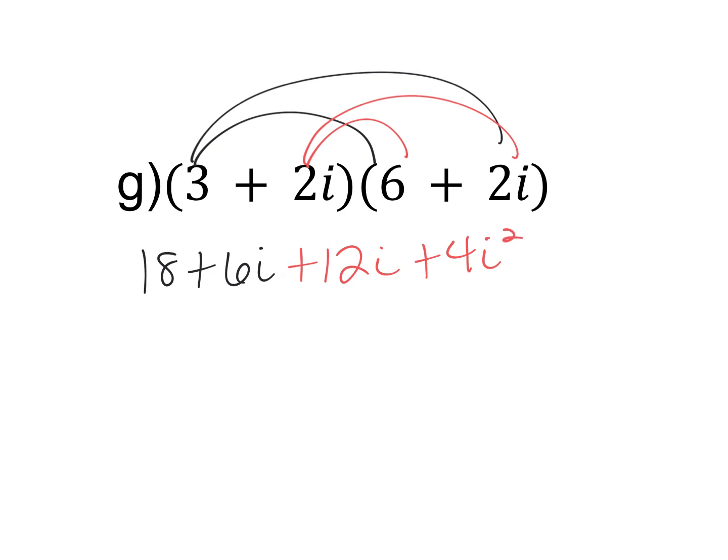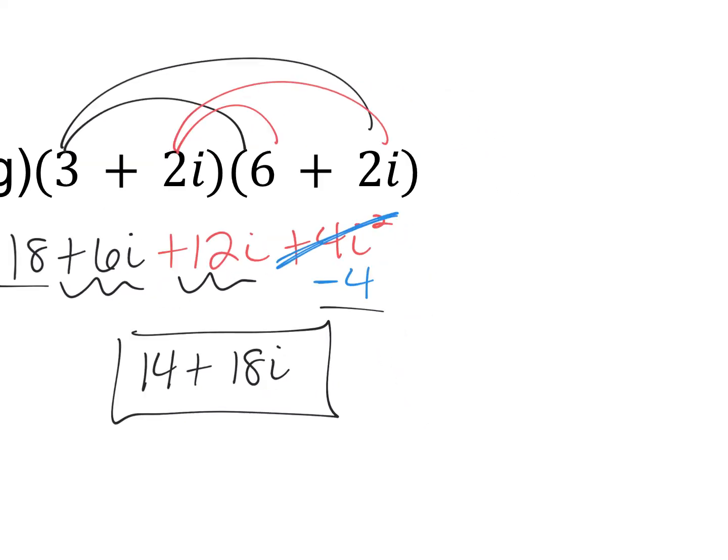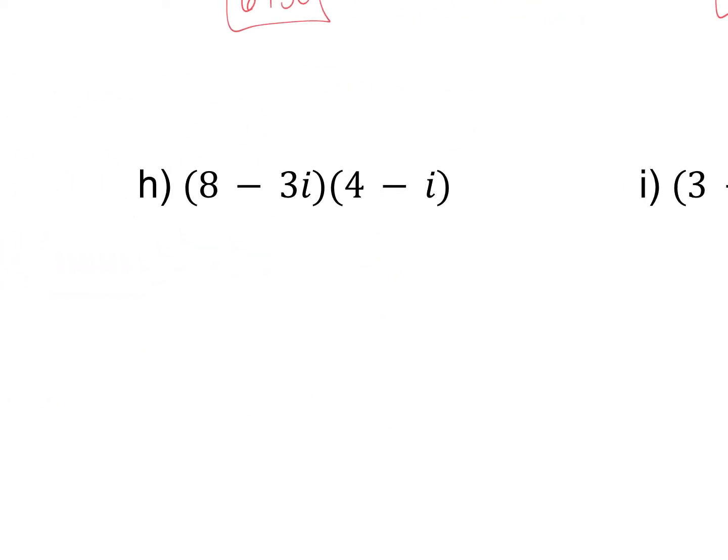Okay, so positive 4i squared, that I'm going to cross off, and that's going to turn into negative 4, right? Because positive 4 times negative 1. And then let's combine our like terms. So I have 18 minus 4, which is 14, plus 6i plus 12i would give you positive 18i. Done.